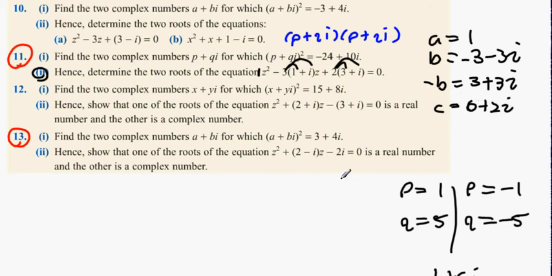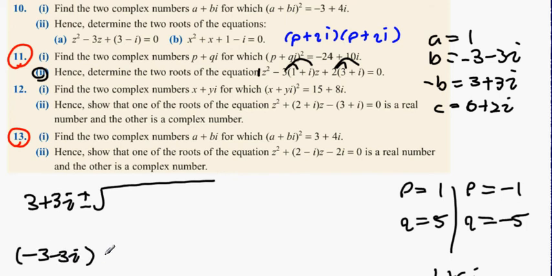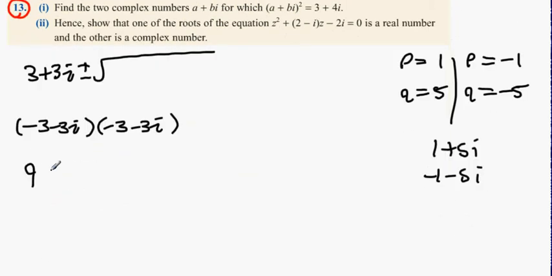Now that that's done, what we're going to do next is 3 plus 3i plus or minus the square root of b squared. Now b squared is (minus 3 minus 3i)(minus 3 minus 3i), and that gives me 9 plus 9i plus another 9i plus 9i squared.